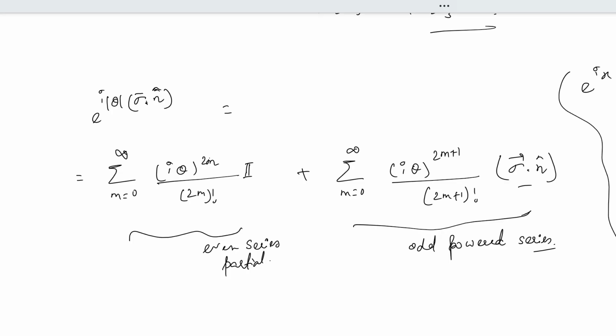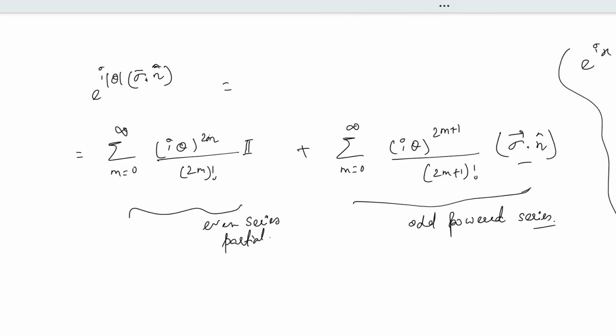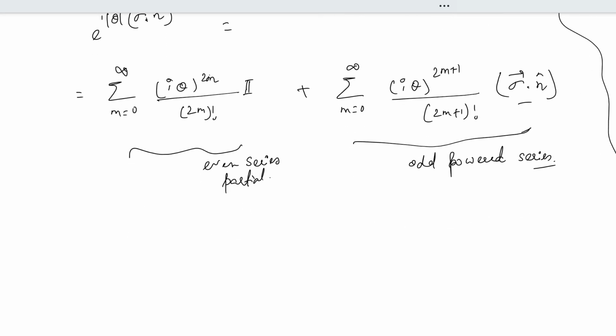That means sigma dot n cap to the power of 2m, any even power, will be giving you an identity matrix, and all odd powers, right? Where 2m plus 1 is there, so sigma dot n cap to the power of 2m plus 1 will be nothing but simply sigma dot n, because whatever you multiply with this, the square term will be giving you the identity matrix, and only this term will be left.